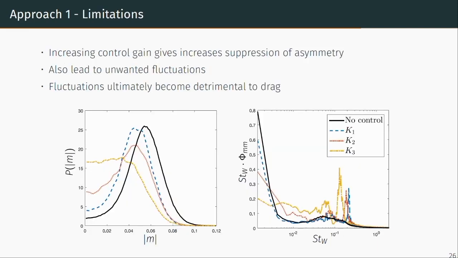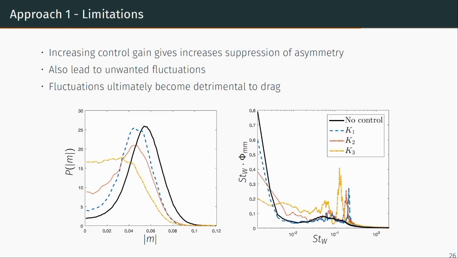But to understand why we can't do better than that sort of 2.4%, we can look at some of the limitations. We find if we try a sort of hierarchy of controllers that are increasingly aggressive with increasingly higher gains, we can make the flow increasingly symmetric. So this is just the modulus of that pressure gradient on the base.